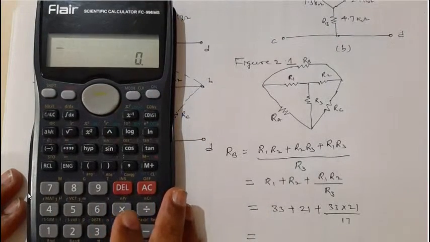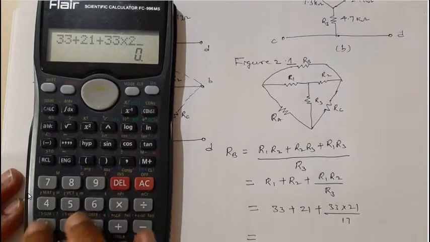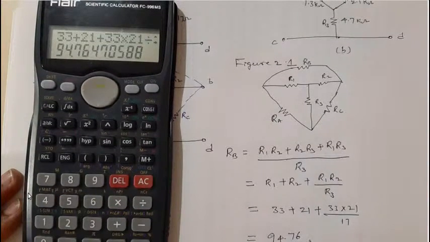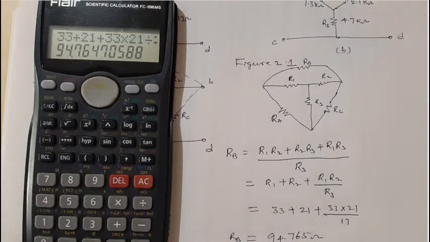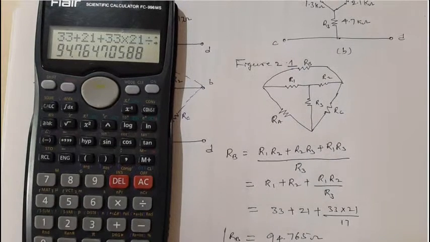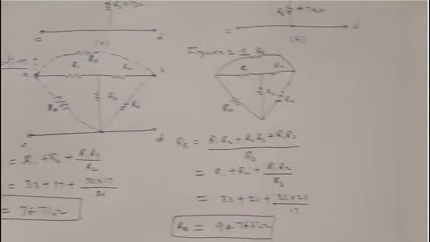It is 94.765 ohm, RB. Right, dear students, this is the value of RB, and finally we can calculate RC.